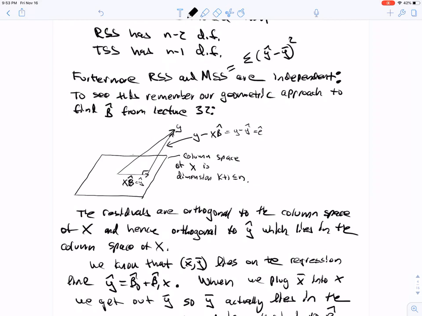So remember our geometric approach to finding b hat that we talked about in lecture 32. So we have y that is sticking outside of the column space of x, since the dimension of x, which is k plus 1 by n, is, or k plus 1 is less than n.